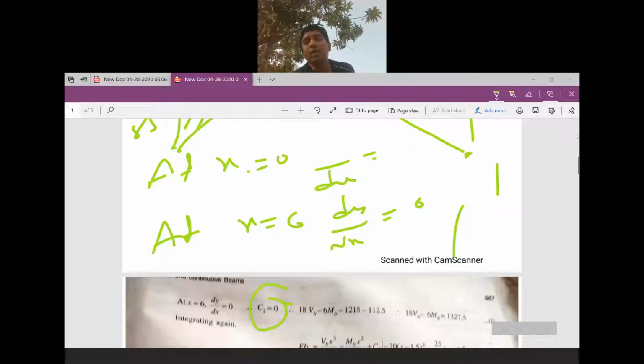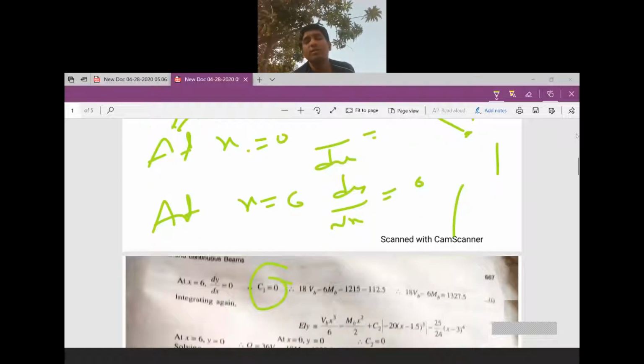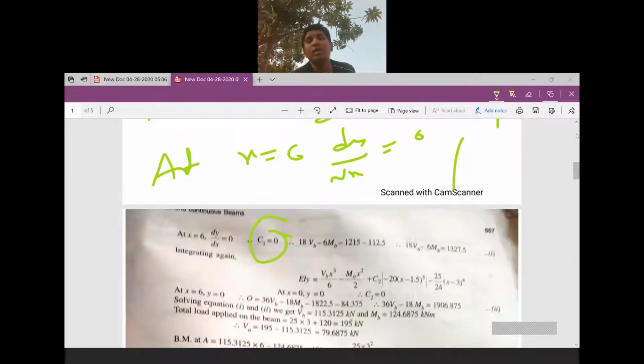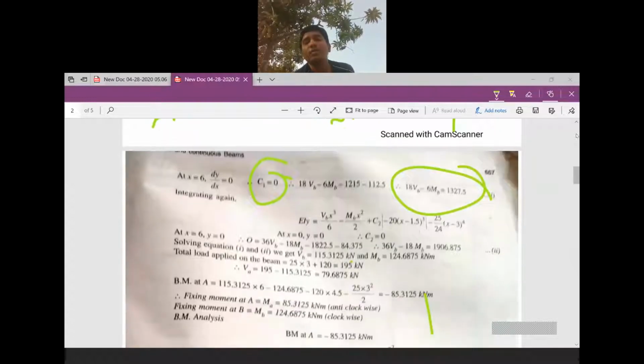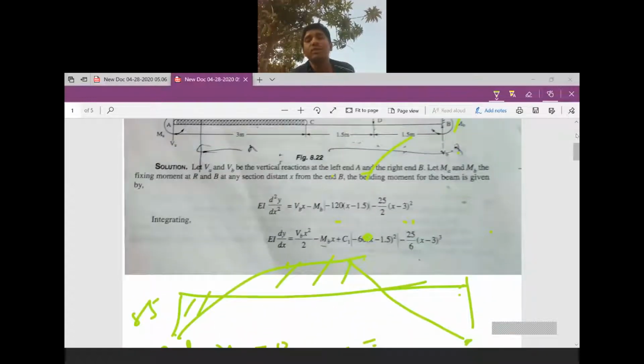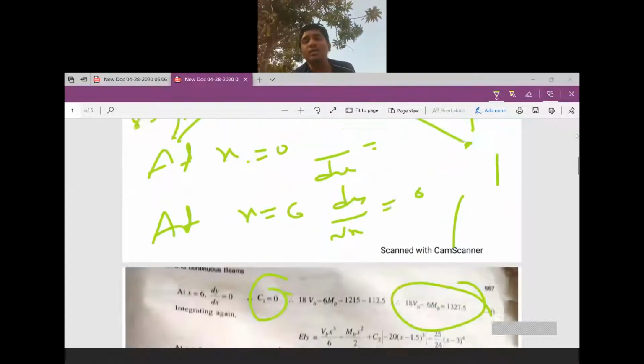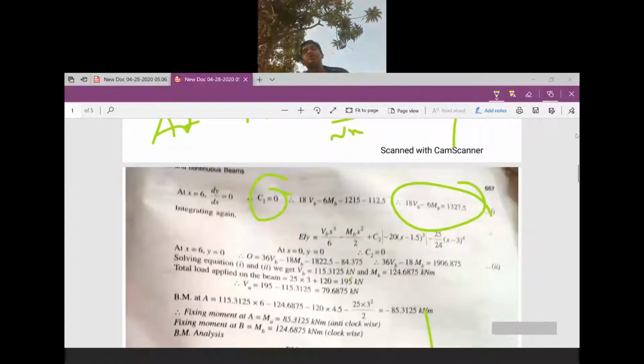Then you substitute at x is equal to 6, dy by dx is equal to 0, and you get one equation. Then you integrate the dy by dx equation again, and get EIy is equal to this equation. After that you substitute the boundary condition at x is equal to 0, y is equal to 0, and get C2 is equal to 0.